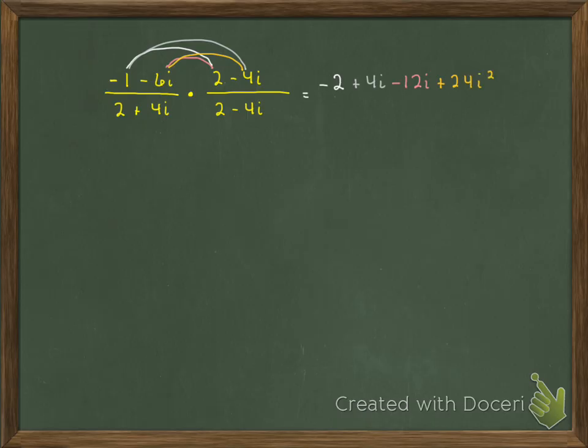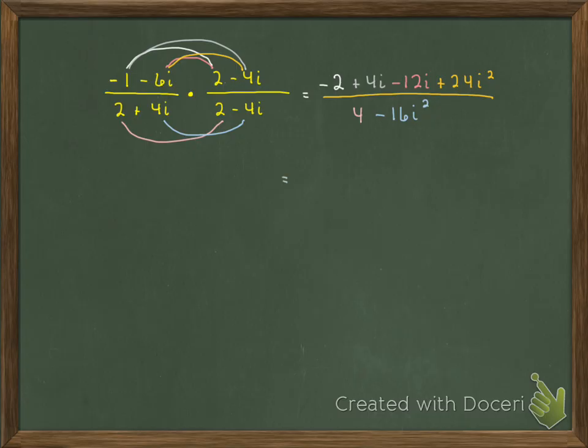24i squared all over. So as you see here, the denominator now has become the easy part. 2 times 2, 4, and then all we have left to worry about is the positive 4i times the negative 4i, which is -16i squared.